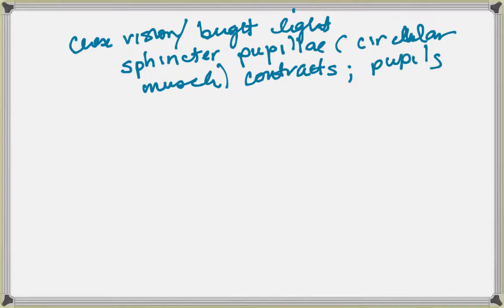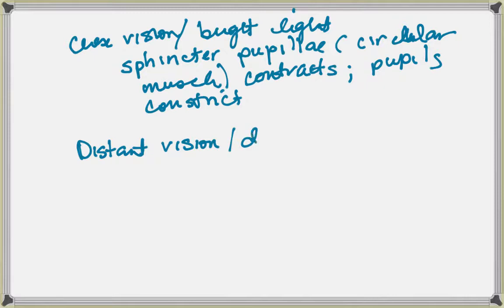Basically, the pupils will constrict. When we're talking about distant vision or dim light, we're looking at the dilator pupillae.